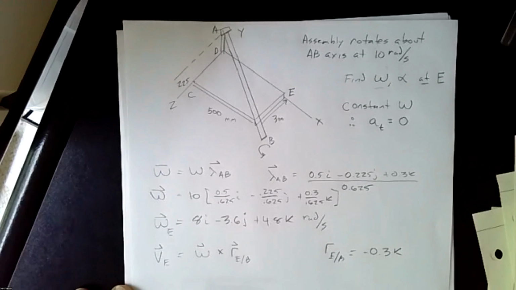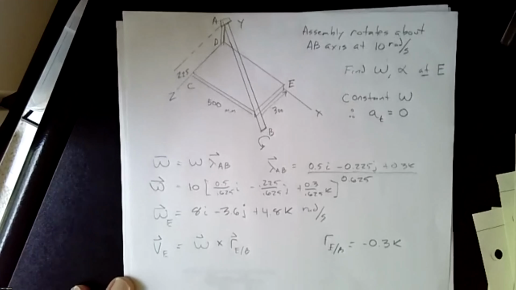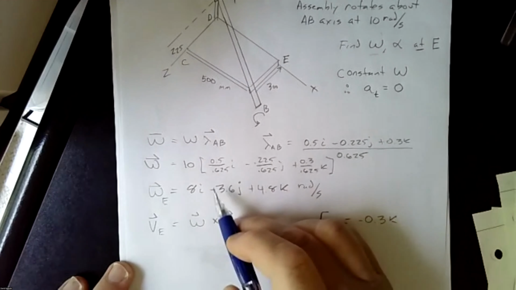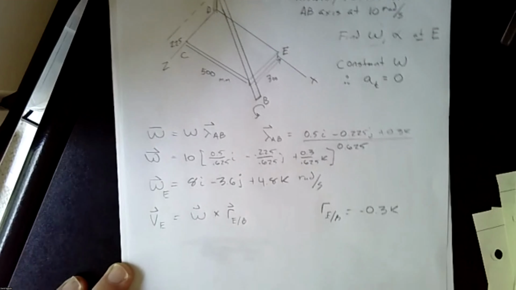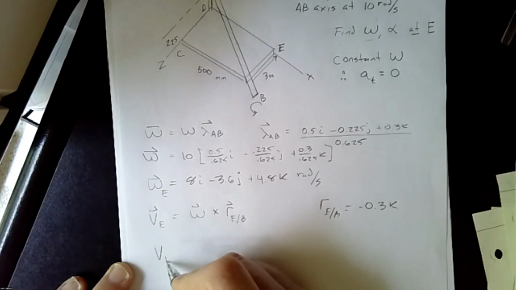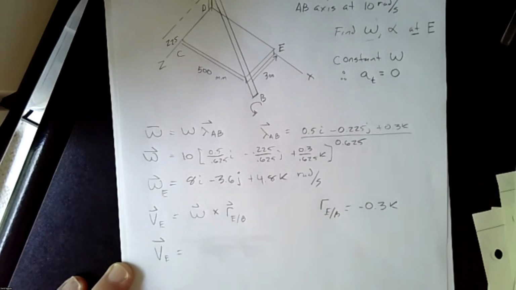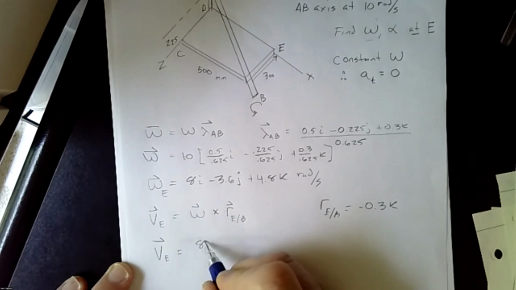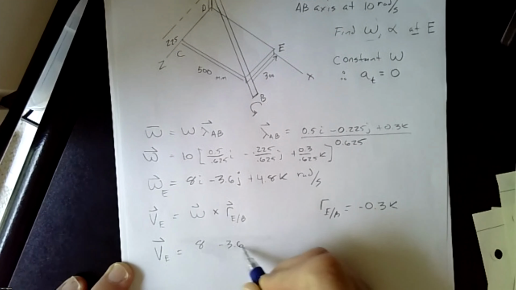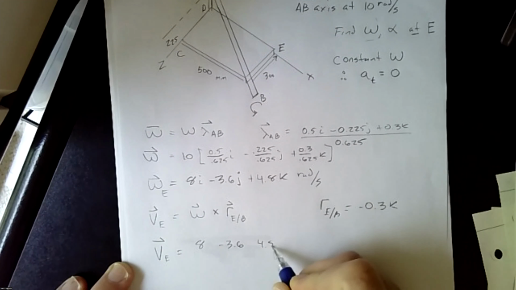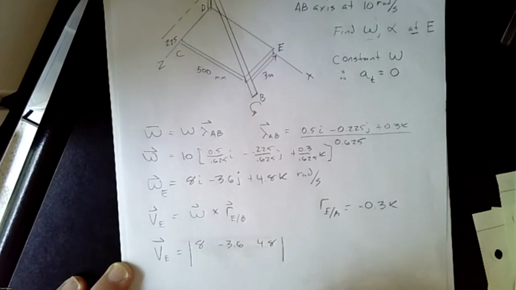All right. So we know that. Since we have this up here, we just write it out. VE is going to equal 8, negative 3.6, 4.8, and then 0, 0, negative 0.3.